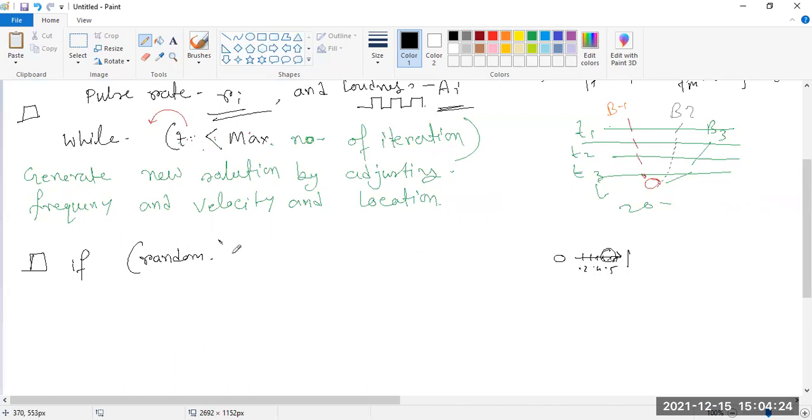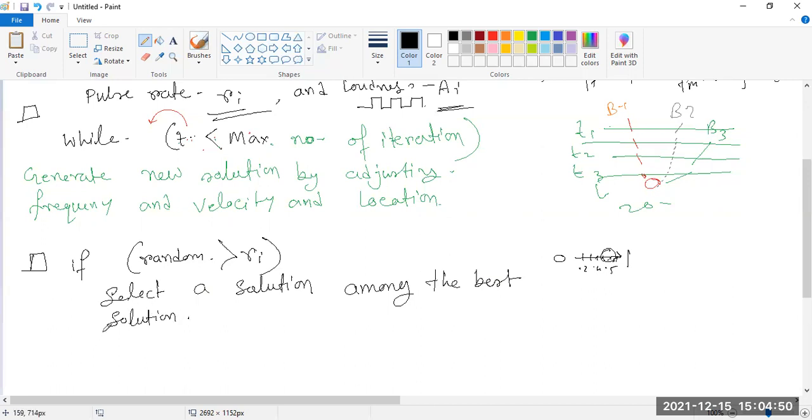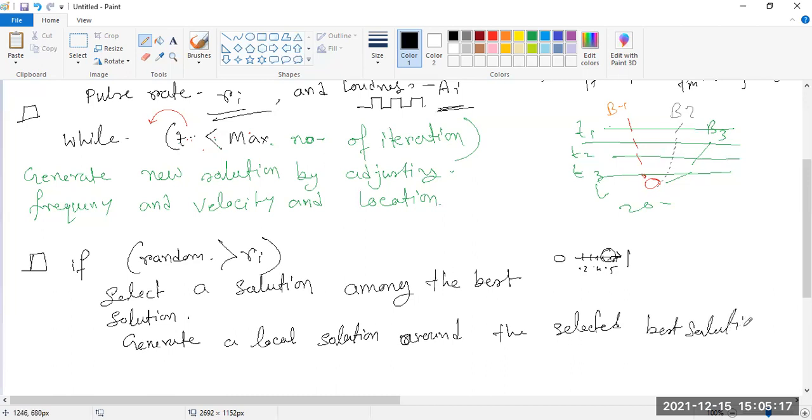If this random number is greater than this ri, the pulse rate, then select a solution among the best solutions, and generate a local solution around the selected best solution.